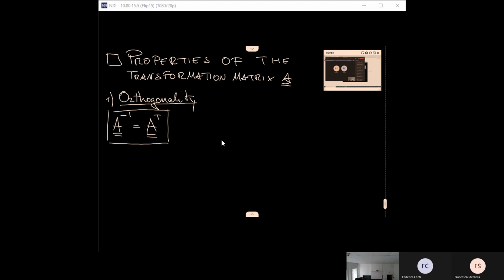In fact, there will be 2 ways by which we will be able to demonstrate this property, which is very important for the development of the formulation, because instead of doing an inverse of a matrix, which is always computationally intensive, you can do the transpose, which is much, much easier.